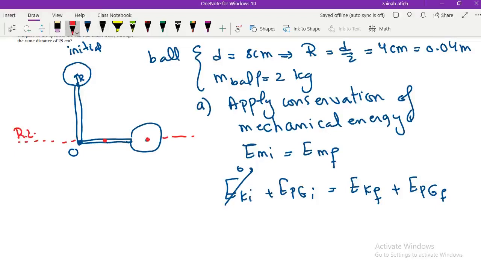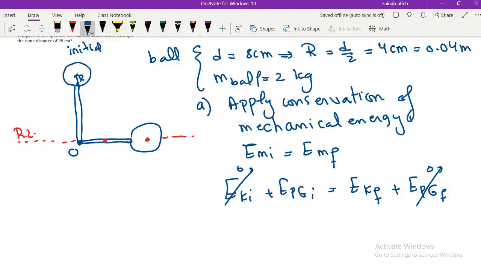So EPG final is equal to 0. Always, when I have an object with dimensions like the ball and the rod, if I want to find EPG I look at its center of mass, only its center of mass.